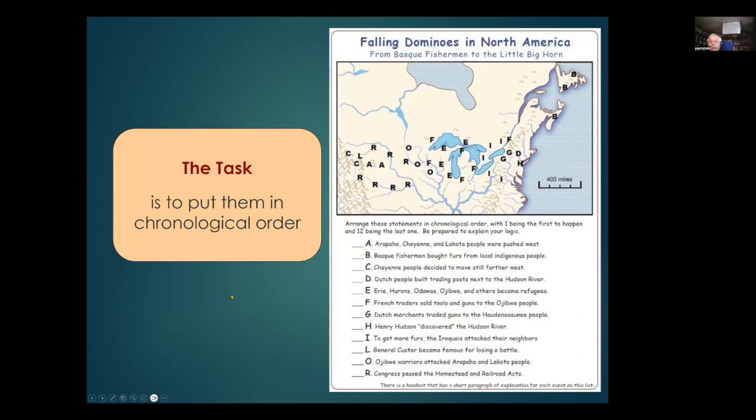That is, you read the paragraph, and the paragraphs are very carefully written so that each one of them has a sentence that clearly identifies something that happened just before it or just after it. So that's the task.